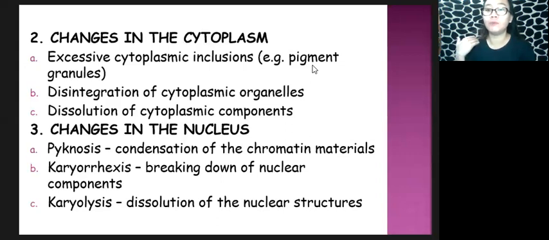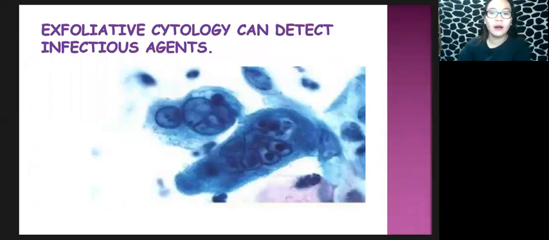So there is breaking, there is disintegration, and there is dissolution. The same is true with your nuclear structure. So there is disintegration or karyorrhexis, and there is also dissolution or karyolysis. Again, those are the criteria of your abnormal cells.